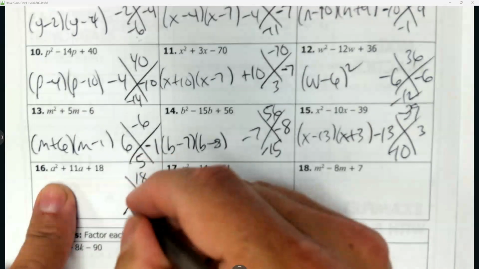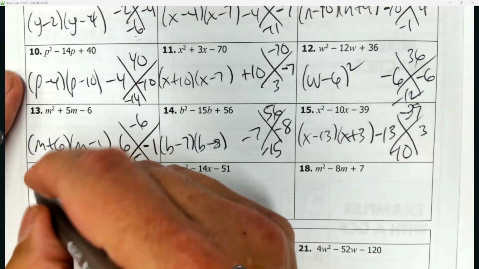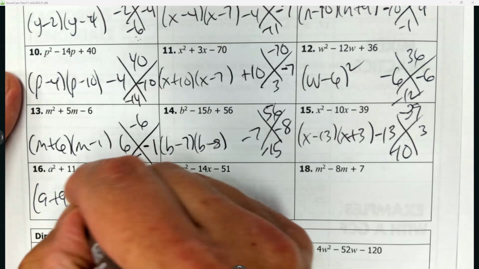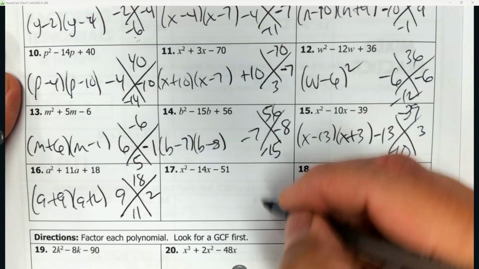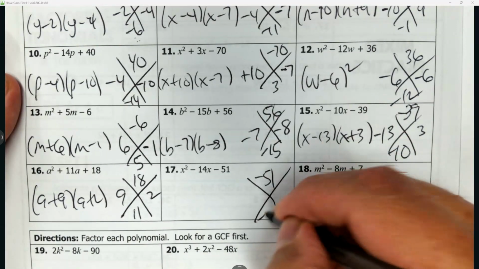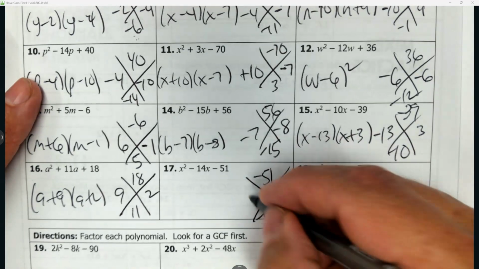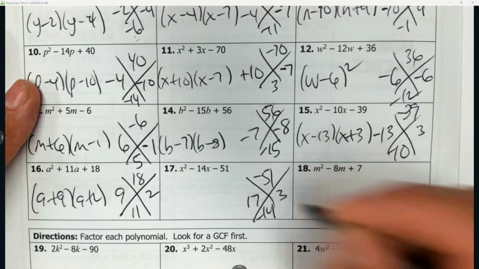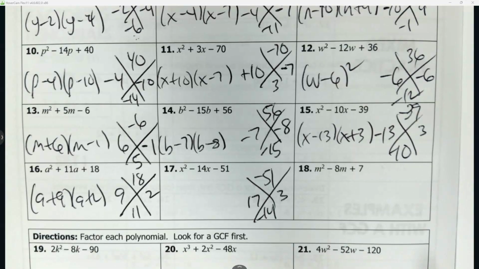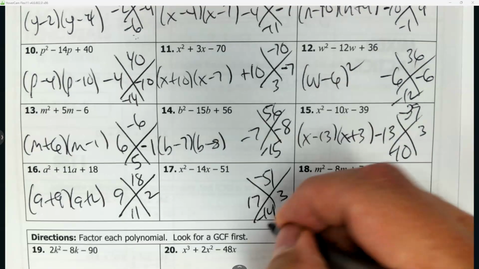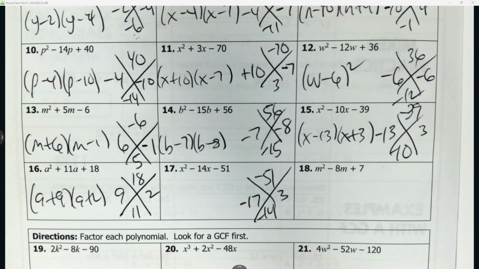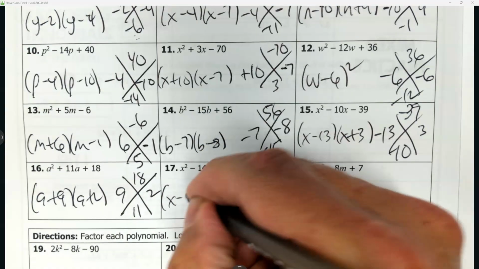Both numbers are positive, so everything is positive. 9 and 2. 51. That's 17 times 3. That's a little tricky. The bottom number is negative, so it's negative 17 and positive 3.